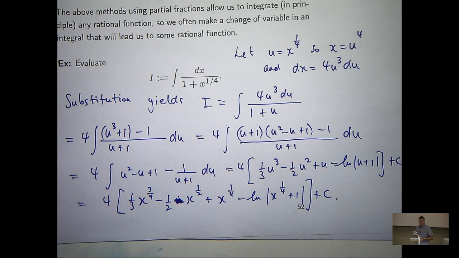Okay, nothing fancy. It would be hard though if you couldn't get that initial substitution. It would be very difficult. All right, questions? Right, so that's a good technique. In general, it'll work.